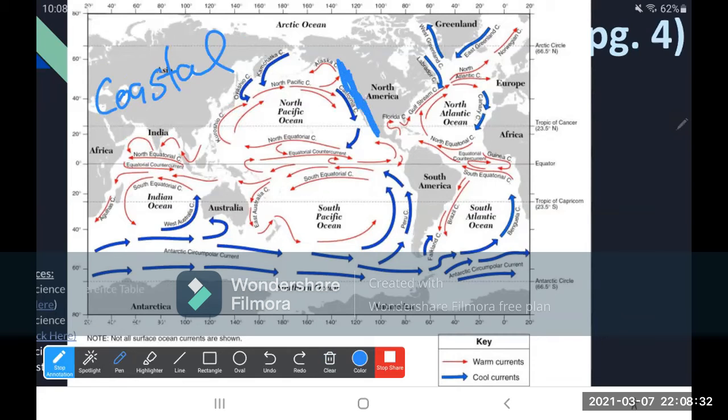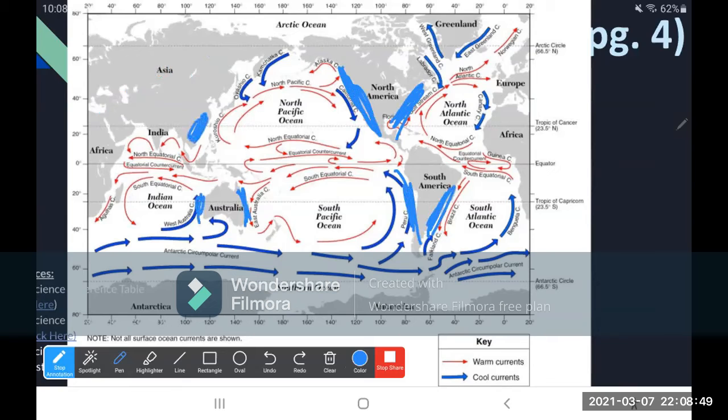Coastal, next to water. So what are places next to water or next to an ocean? Western South America, Eastern North America, these places here next to water. These are all coastal. Now, let's take a look at Asia. What's the opposite of coastal?